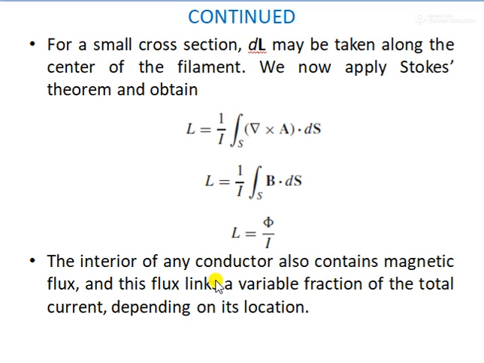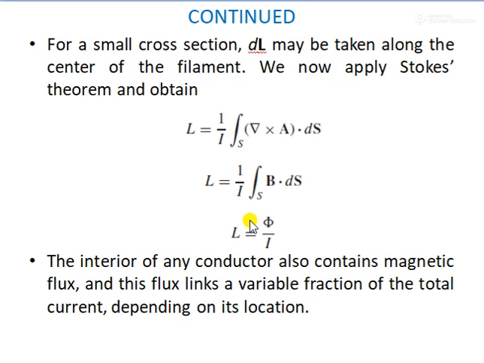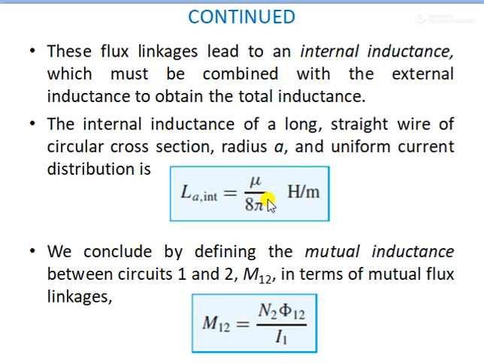Now the interior of any conductor also contains magnetic flux, and this flux links with a variable fraction of the total current depending on its location. These flux linkages lead to an internal inductance, which must be combined with the external inductance to obtain the total inductance. So the meaning is that the interior of the conductor also contains magnetic flux, so flux links to the internal conductor, and we get internal inductance along with external.